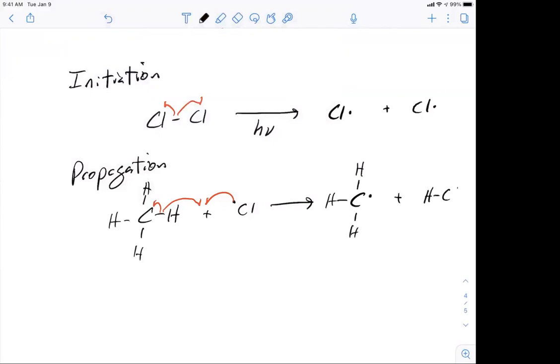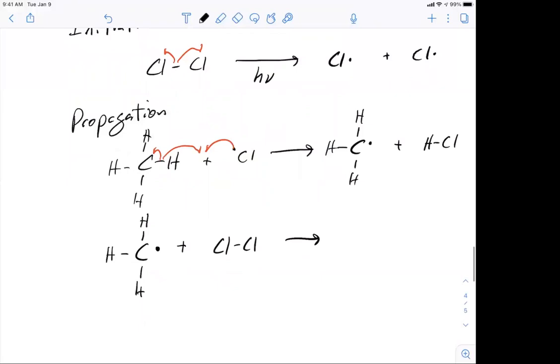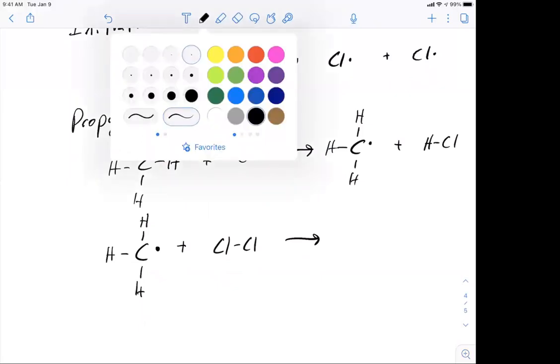And now this is where we form our HCl. And then this can react with Cl2. Right now we get a halogen abstraction.